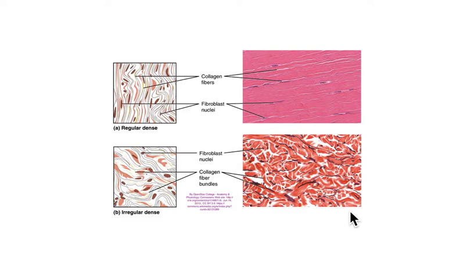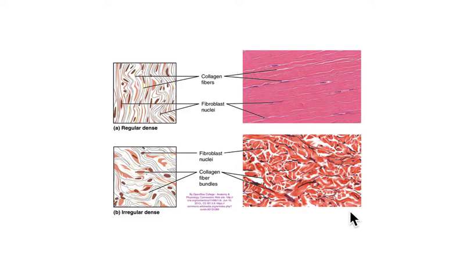Your large intestine, small intestine, and your stomach are encapsulated with irregular, dense connective tissue. You name the organ, it is encapsulated with an irregular, dense connective tissue, with very few exceptions. There are a few, but probably any organ that you would mention right now is encapsulated with irregular, dense connective tissue.